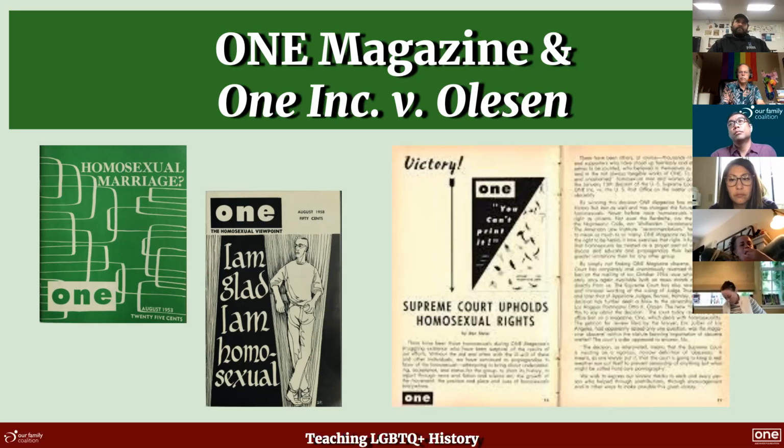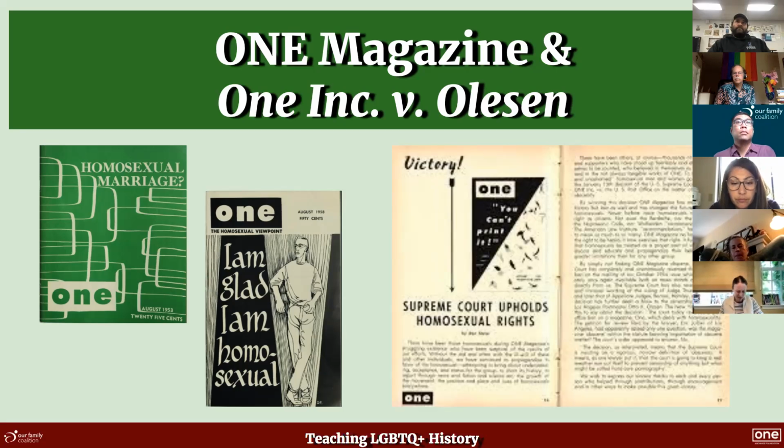The Los Angeles postmaster, Otto Olesen at the time, saw this portrayal of a same-sex relationship as lewd, lascivious, and obscene, and did not want to distribute the magazine through the mail anymore. So One Inc. sued the post office, saying, you can't do this to us. We need to distribute our magazine freely.